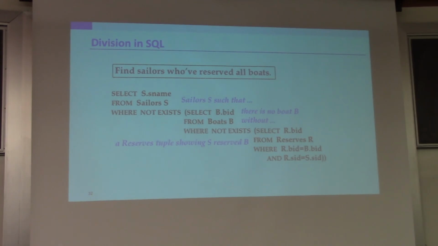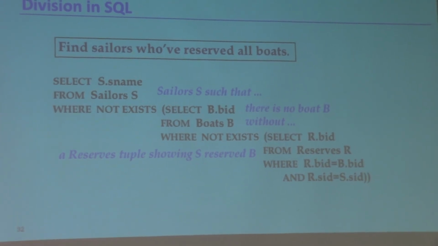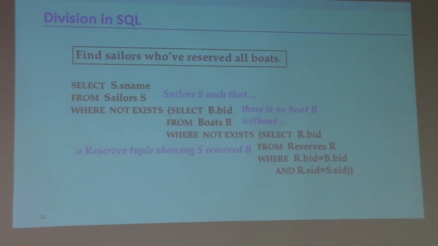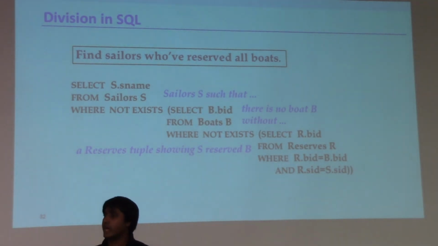Before I go through that, I'll tell you the basic principles. There is a double negation: not exists and not exists. But if you remember what we said while doing relational algebra, we try to find out the ones that don't qualify.